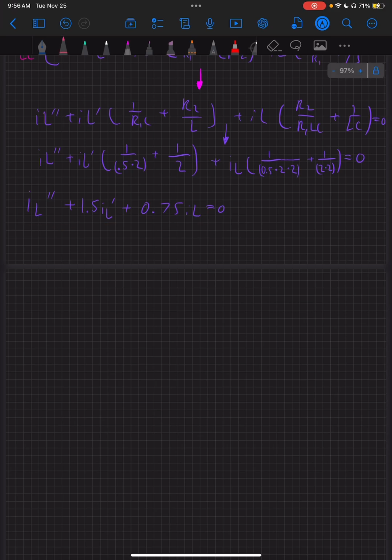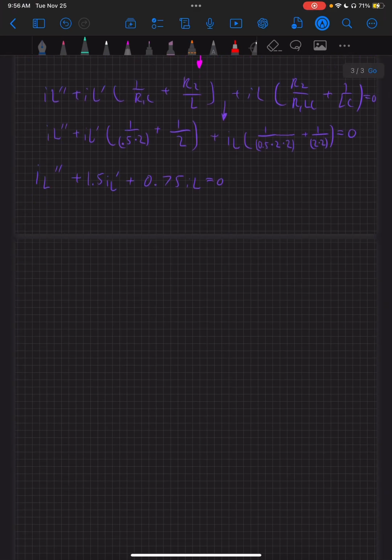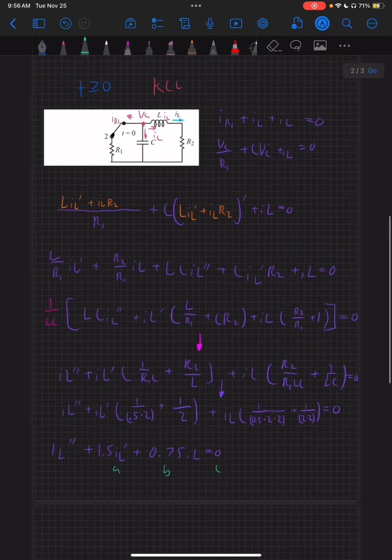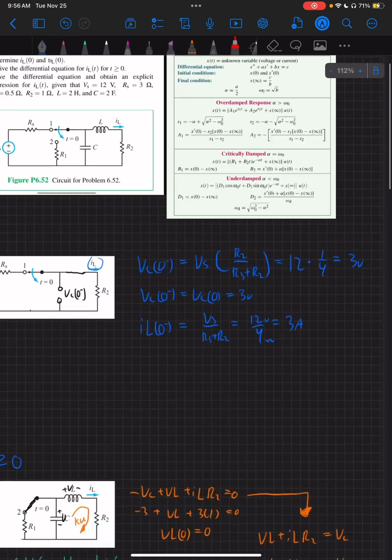Okay, now we're going to solve for whether the circuit is critically damped, underdamped, or overdamped. In order to determine that, I'm going to use this part right here.